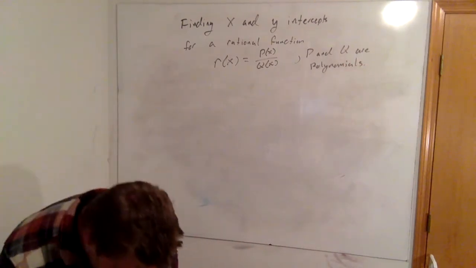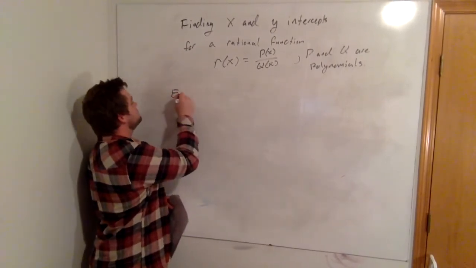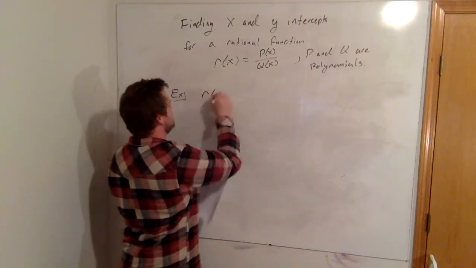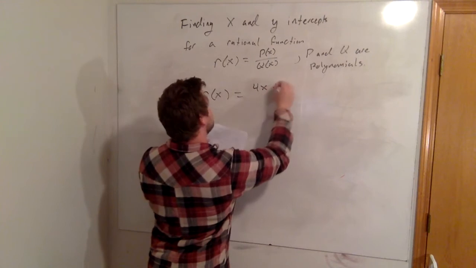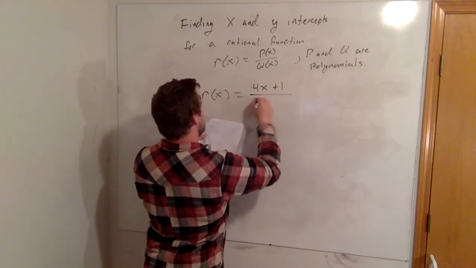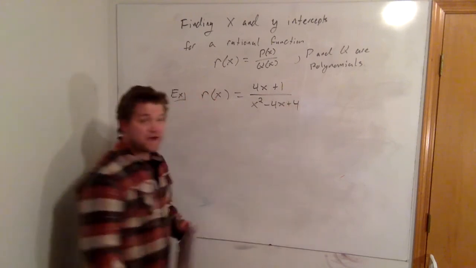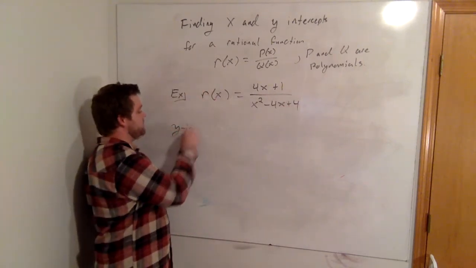Okay, so our first example is, let's do r of x being equal to 4x plus 1 all over x squared minus 4x plus 4. So here's our rational function. Let's first find our y-intercept.